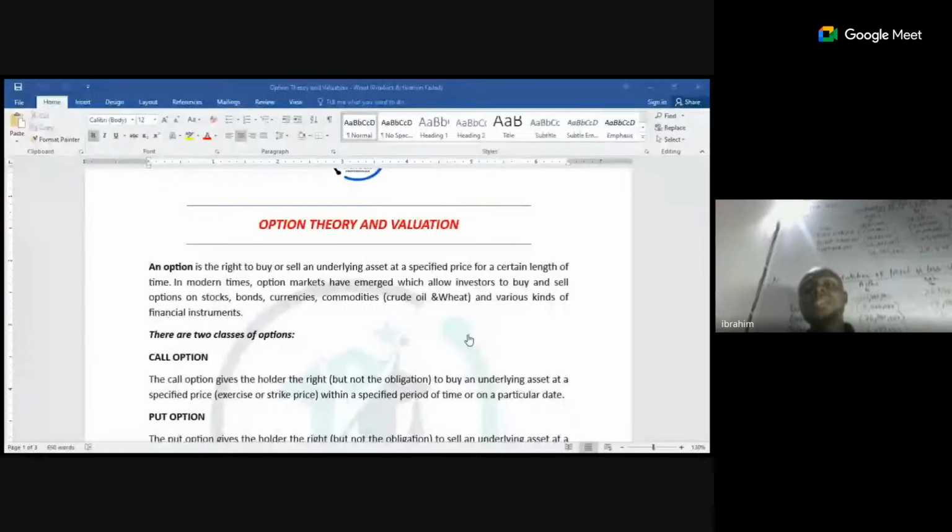So Peter can go to the option market, maybe to buy shares from First Bank. As of today, today's date is 6th of September. And he can exercise his right to buy a stock in First Bank in an option market.